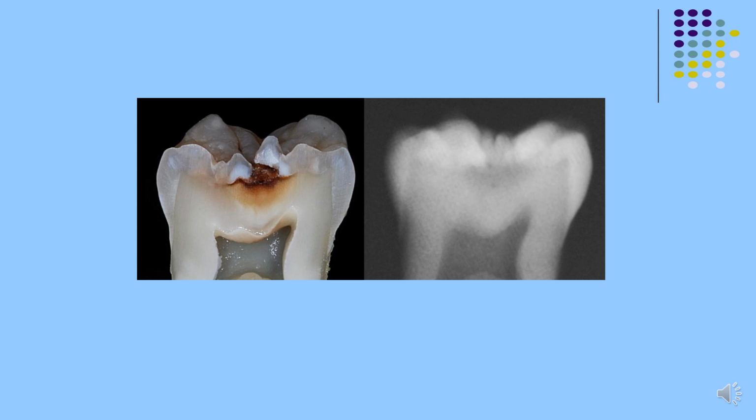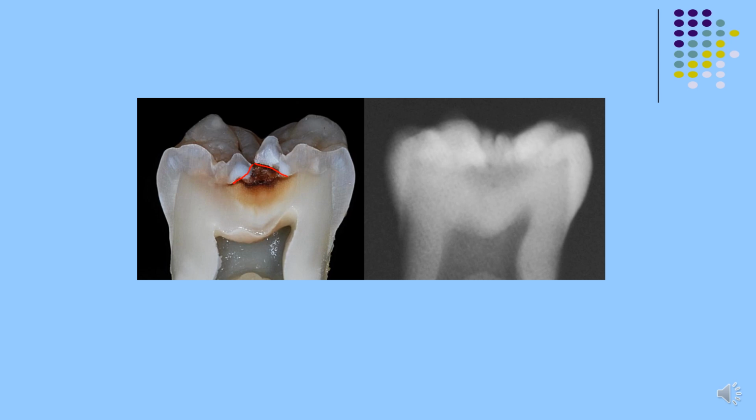Now, let's look at this lesion here. What we're seeing is the pit, and this is how the carious lesion has progressed in the enamel.